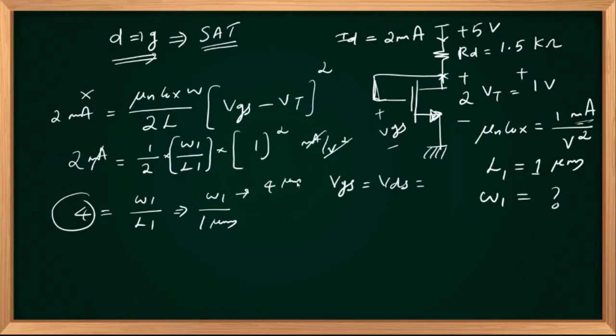Right. In the same problem, if you are asked to find the maximum possible value of ID max such that the transistor is operating in saturation, what will be your answer?